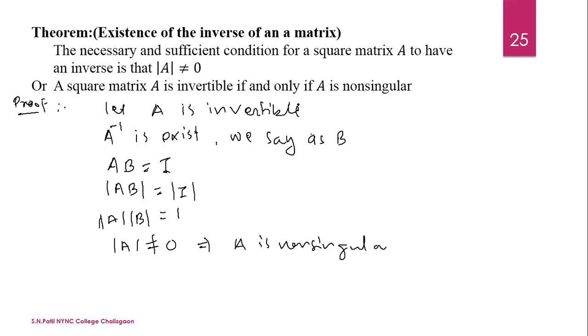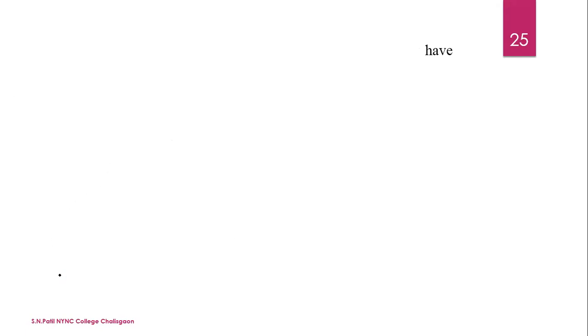So we can assume A is invertible and we get that A is non-singular. Now go the reverse way. See next page, which is the sufficient condition. Assume determinant is non-zero, that is, A is non-singular.